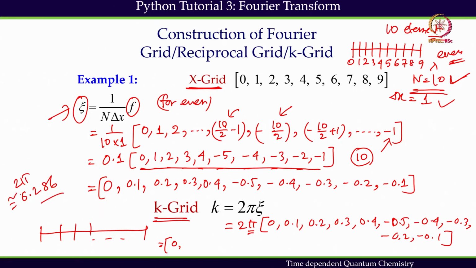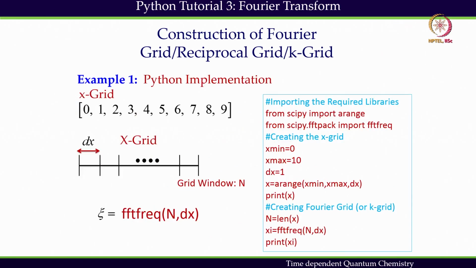So, if we multiply, we get 0.6286, then 1.2571, and so on. The final one is going to be minus 0.6286. So, this is what we get, and we will see the Python implementation and confirm that this is the list we create.